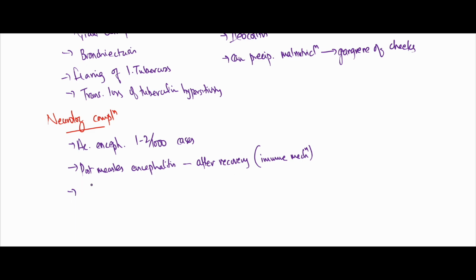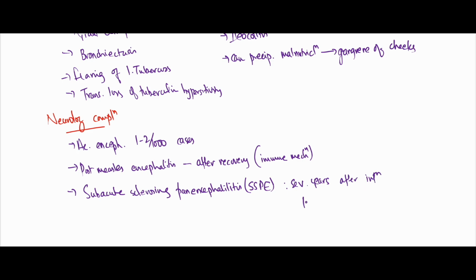There is a very dreaded complication known as subacute sclerosing panencephalitis, also known as SSPE. It occurs several years after infection. So what is the frequency? It is just 1 out of 100,000 cases.